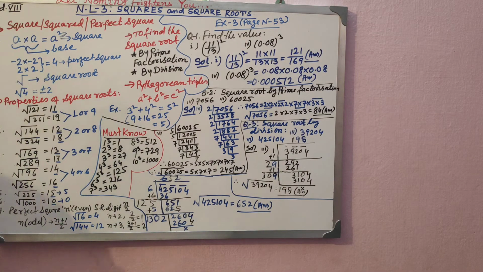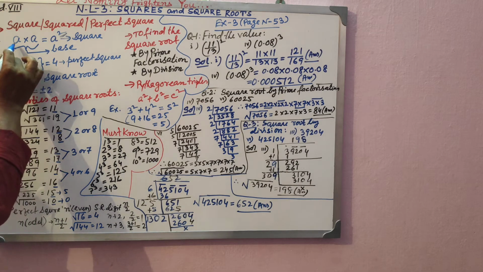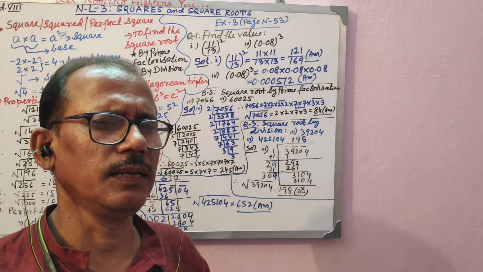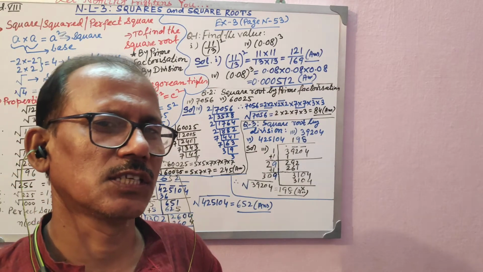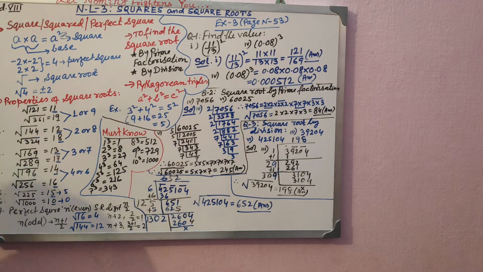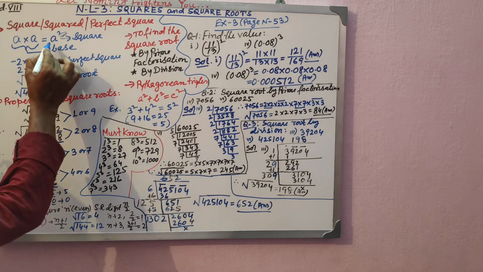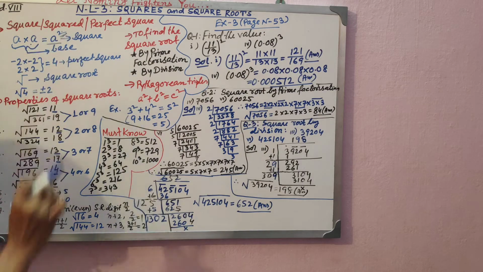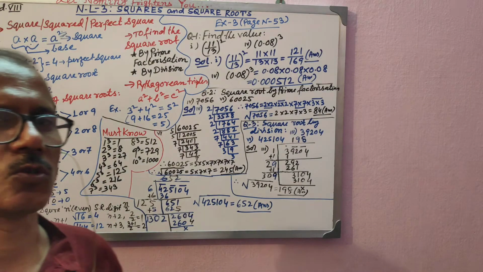Why do we say it is a square? See, any number, any integer, any variable, once multiplied by itself, will take a form like that number raised to the power 2.